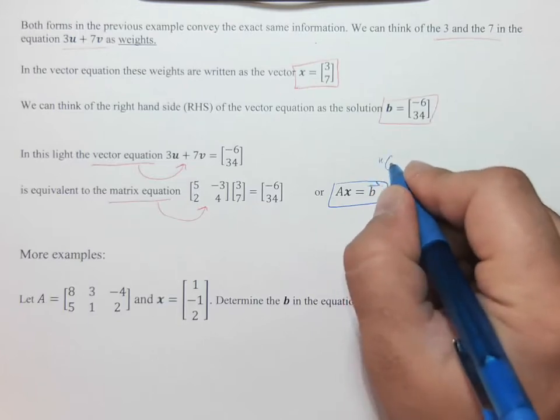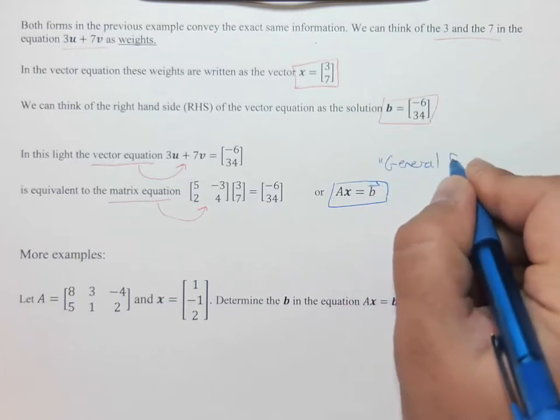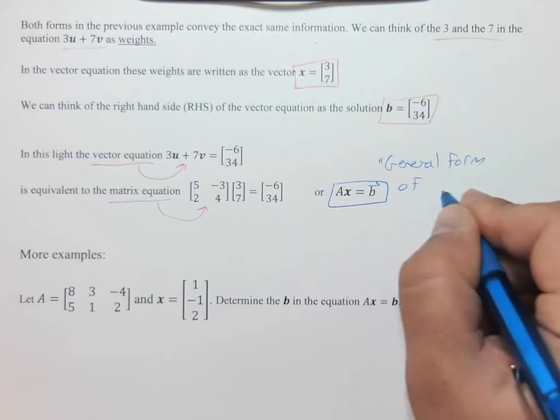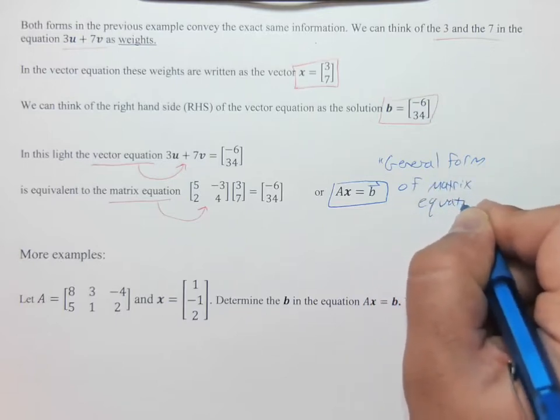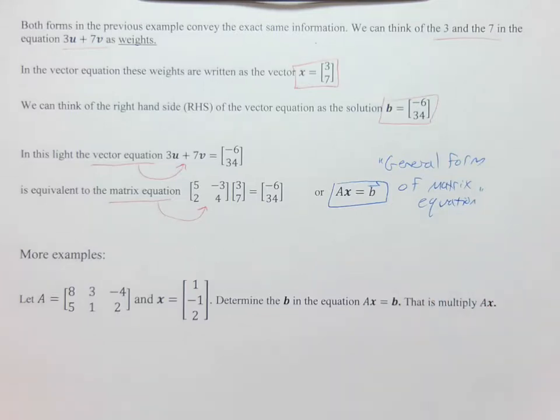This is what we would call the general form of a matrix equation. And if you continue on with mathematics or science in general, things like engineering or chemistry, AX equals B usually shows up further down the line.